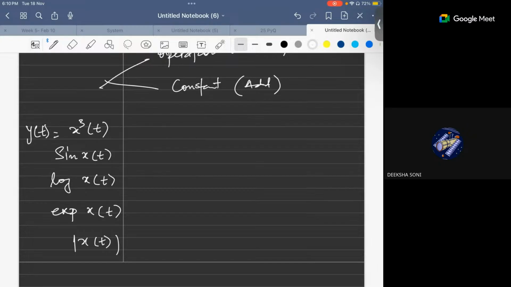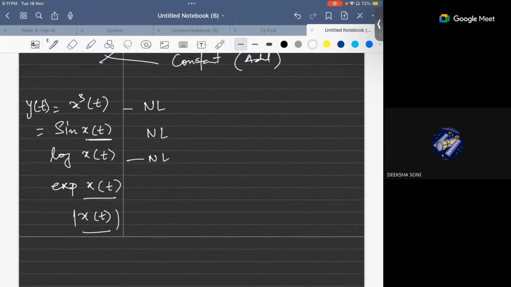You can see that there is some operation that has been done on x(t). So this is x cube, here also there is some operation done, sine of x(t), so that makes the system non-linear. This is also non-linear. You can check it: if you apply additivity and homogeneity, it will not follow.